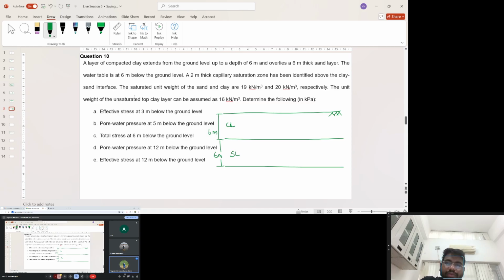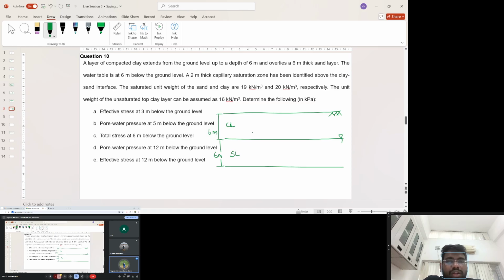The saturated unit weights of the sand and clay are 19 kilonewton per meter cube and 20 kilonewton per meter cube. A 2-meter thick capillary saturation zone has been identified above the clay-sand interface, and the water table is at 6 meters beneath the ground level.